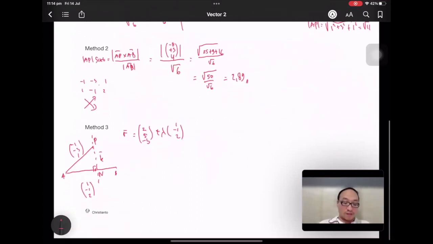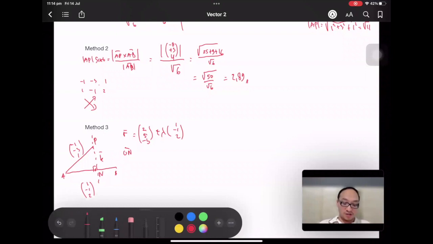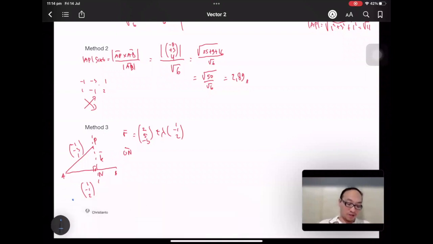Now, the vector ON, so O is the origin somewhere here, and we can find the position vector of ON.